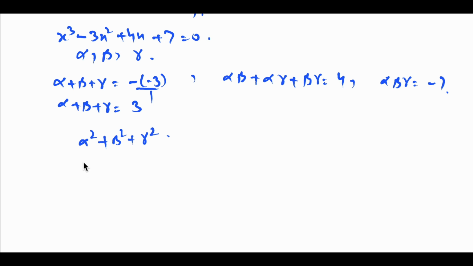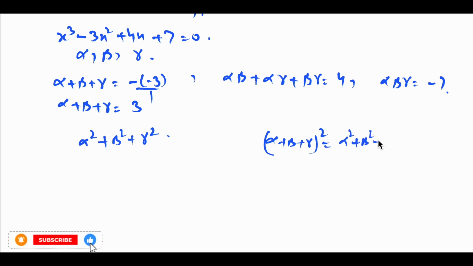In the basic formulas I told you, if you don't remember this, you can find it. Alpha plus beta plus gamma whole square is always equal to alpha square plus beta square plus gamma square plus 2 alpha beta plus 2 alpha gamma plus 2 beta gamma.